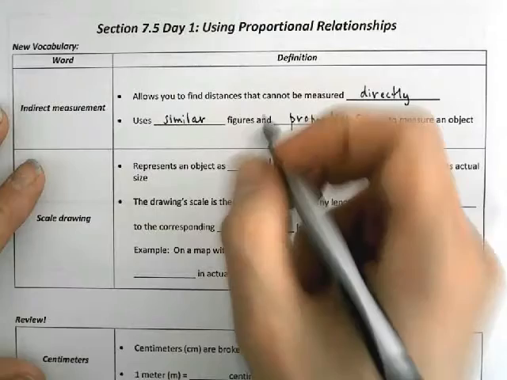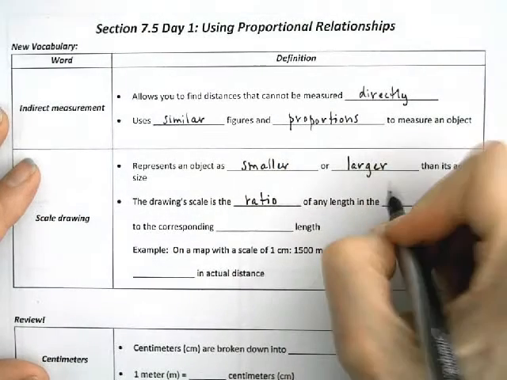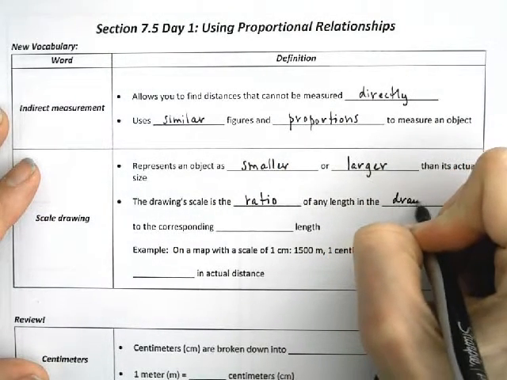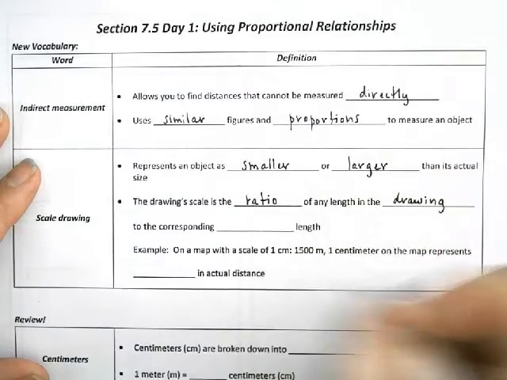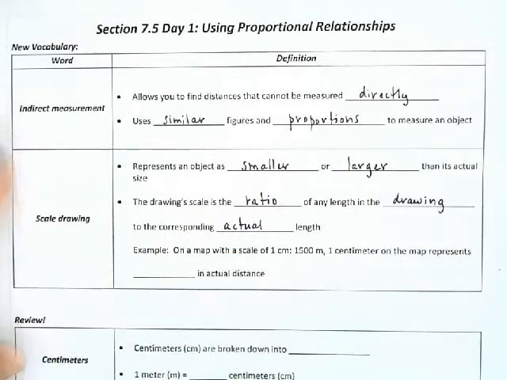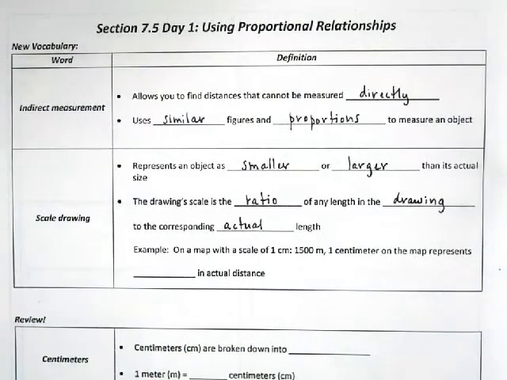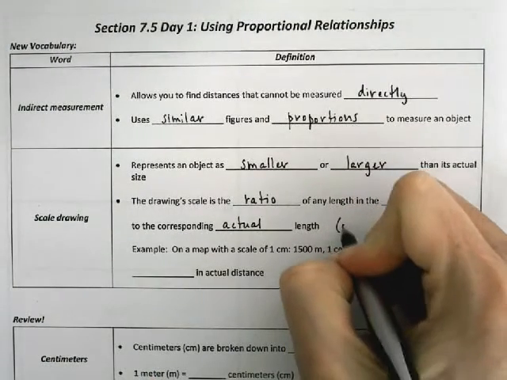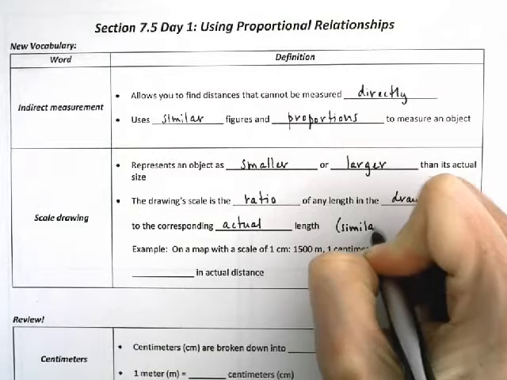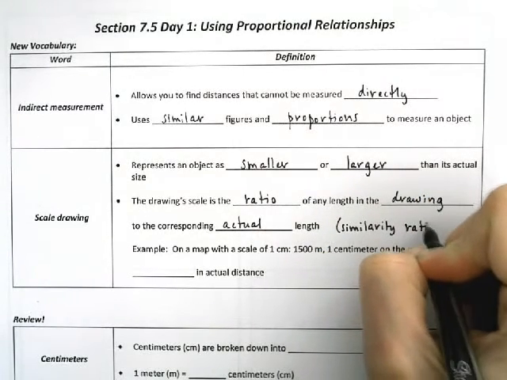The drawing scale is the ratio of any length in the drawing to the corresponding actual length. And in 7.1, instead of calling it the scale, we were really referring to this as the similarity ratio, because it's just the ratio of corresponding sides.